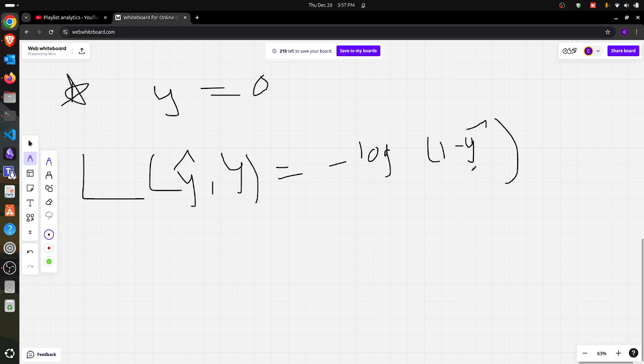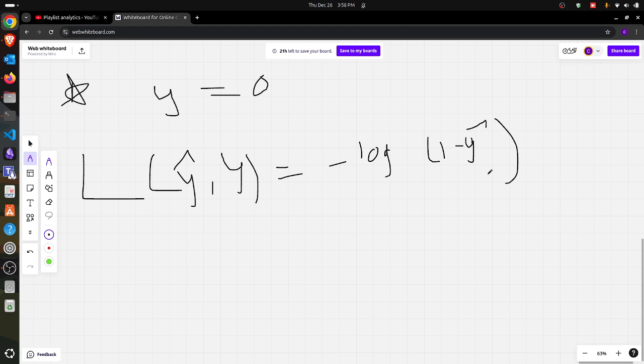So you try to make the loss function small, which means you want log 1 minus y hat to be large, so y hat should be as small as possible. We'll discuss these things later, but we like to discuss the loss function in logistic regression.